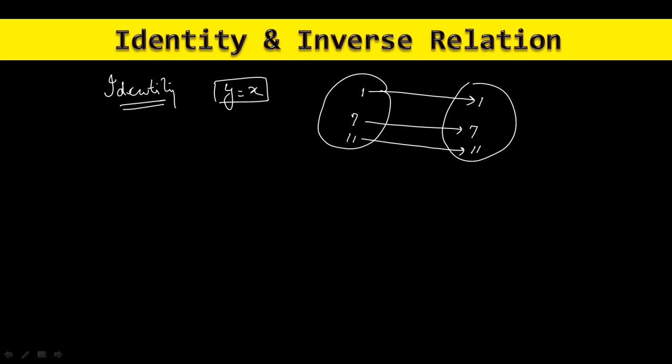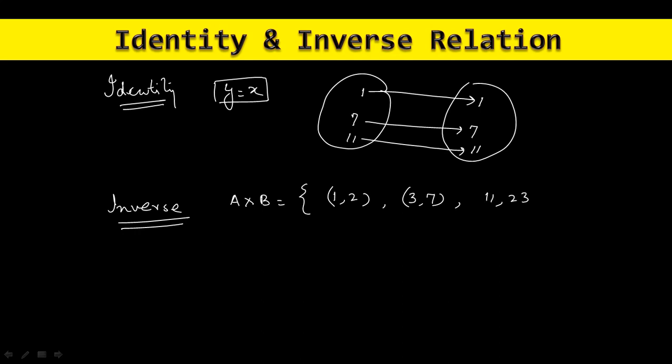And what about inverse? Now, an inverse relation is, suppose one Cartesian product, or you can say a relation, is there: 1, 2, 3, 7 and 11, 23. Suppose this one is the pair.